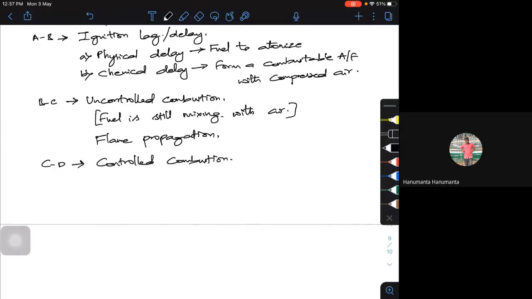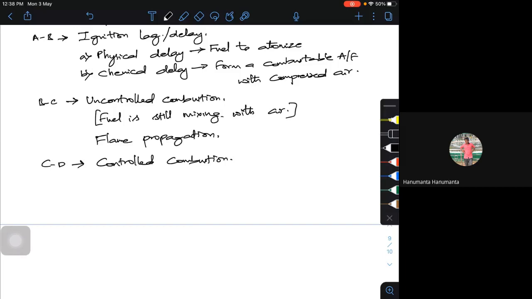What happens in the controlled combustion? The fuel mixture is almost in the process of completing. Whatever the amount of fuel you have injected is almost getting atomized, and you are trying to control the flame. Your fuel injection is almost done, so you are trying to burn completely.